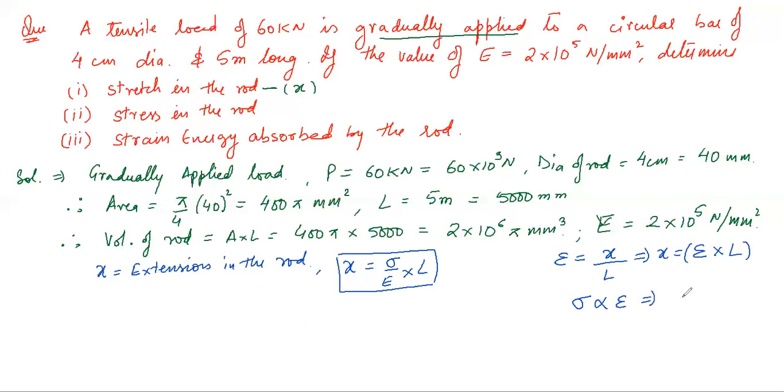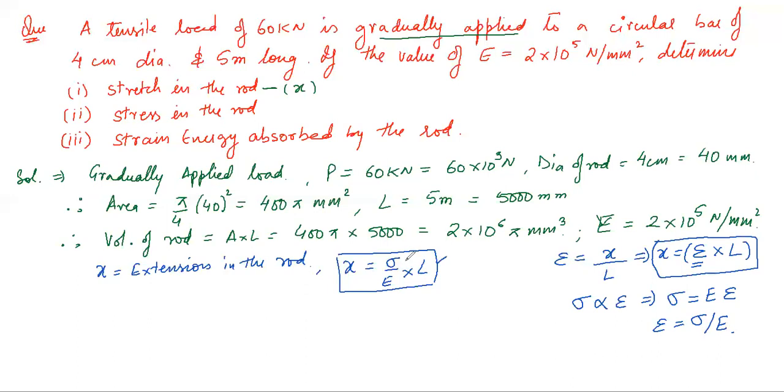If it follows Hooke's law, stress is Young's modulus into epsilon. Therefore epsilon is also sigma by E, and you can replace epsilon by sigma by E in this expression, and you will get this value.